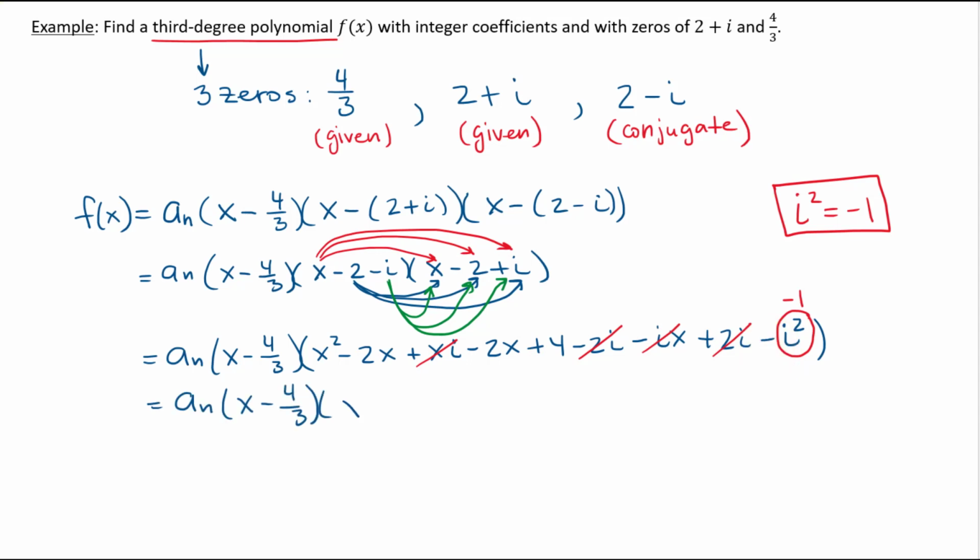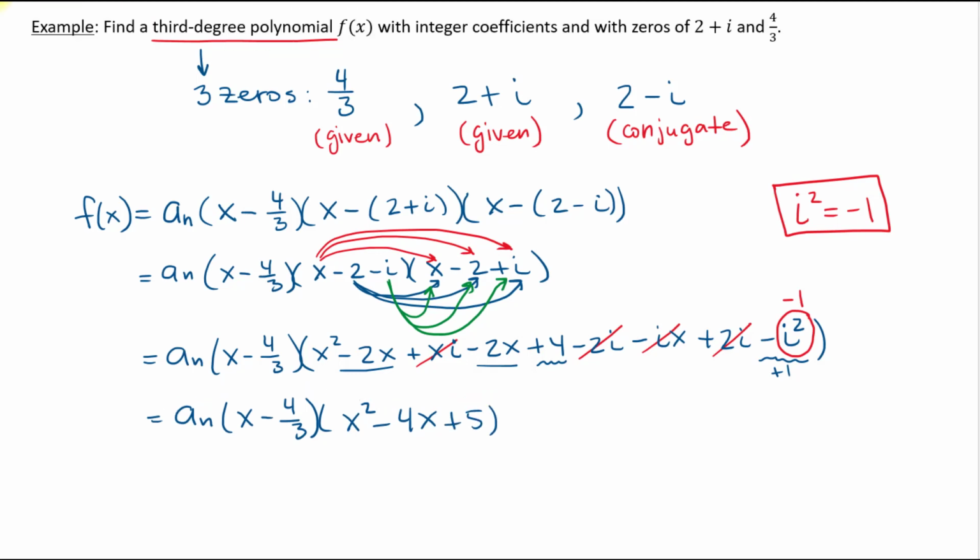Okay, so I'll have x squared. Then I can combine negative 2x and negative 2x, it's minus 4x. And then I have plus 4, and here I'll have plus 1. So 4 plus 1 is 5, so plus 5. Okay, so now I have to multiply these two expressions.